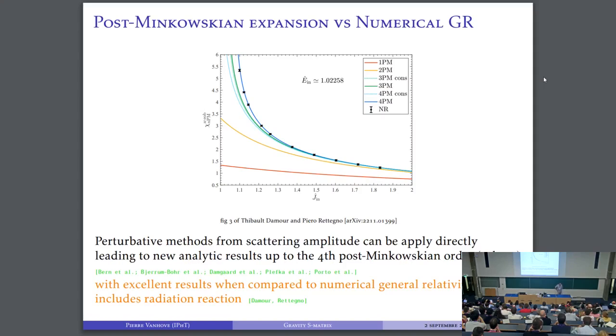This tells you that even for a problem of huge physical importance, because we get a lot of data from the ground-based interferometers and we are preparing data for LISA, the techniques developed from quantum field theory really show their value applied to this physical problem.